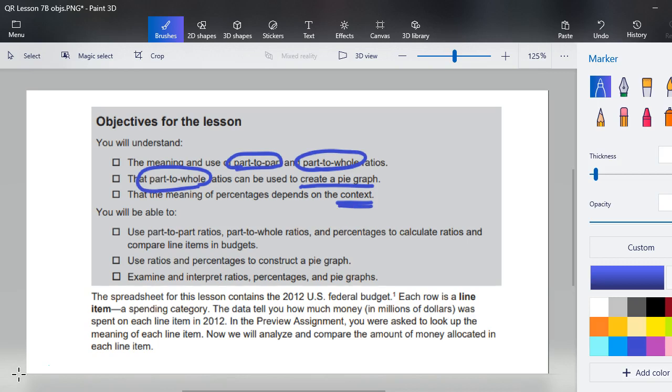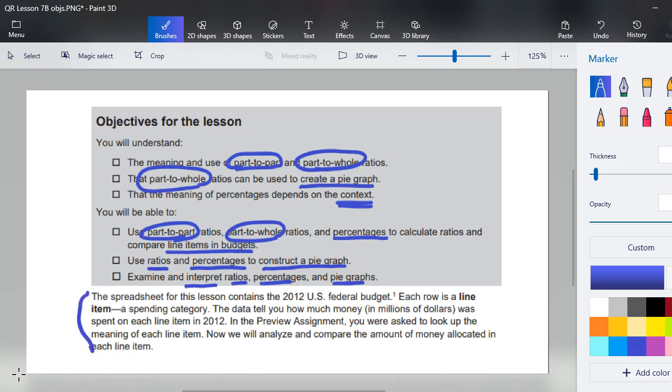When we get done with this lesson, we're going to be able to use part to part ratios, part to whole ratios, and percentages to calculate ratios to compare line items in budgets. We're going to use ratios, use percentages, construct a pie graph, and examine and interpret ratios, percentages, and pie graphs.